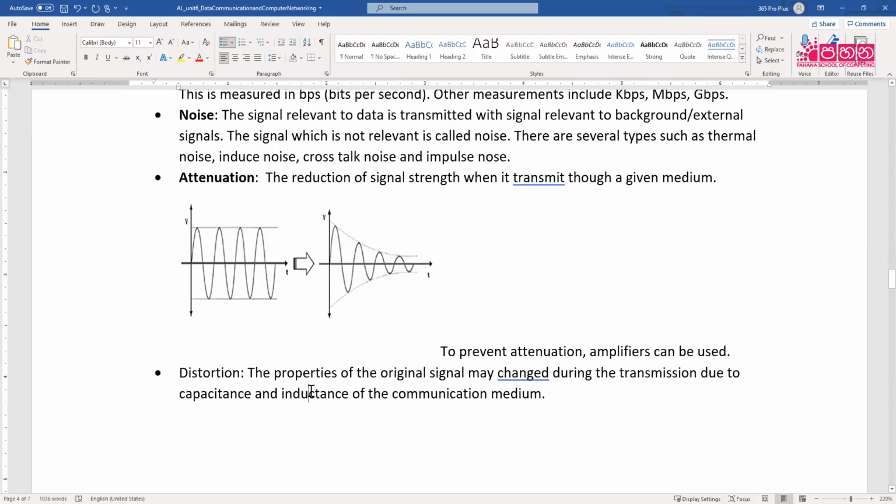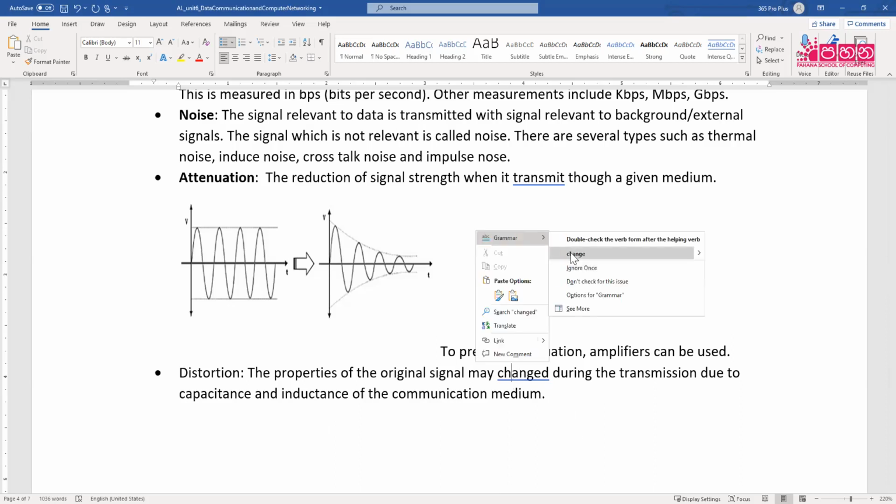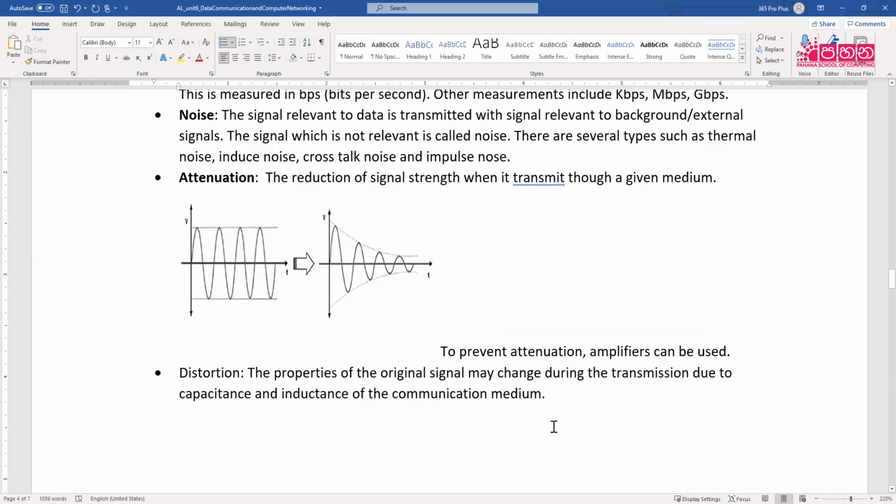So due to inductance, that may change the original shape. The original signal might change shape. So the shape might vary. So this is called distortion.